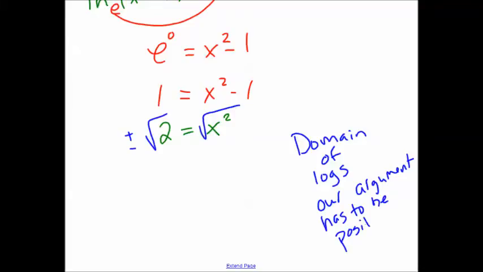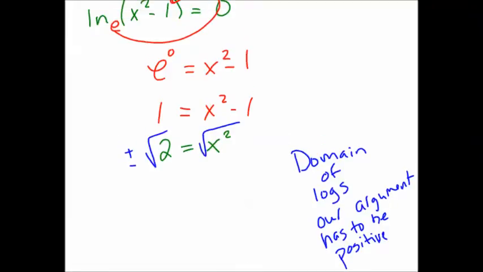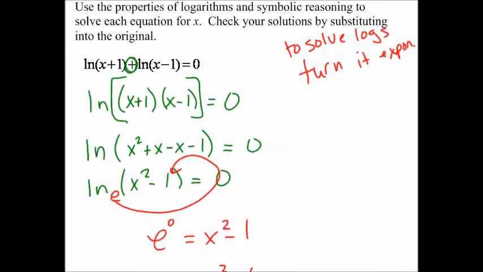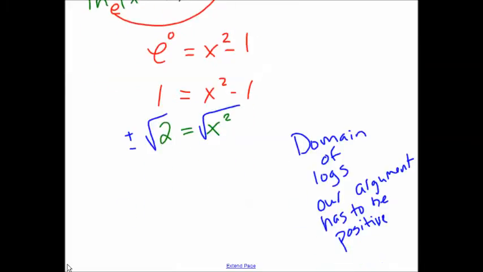So if that's the case, will both the square root of 2 and negative square root of 2 work? If I put negative square root of 2 minus 1 in here, that gives me a negative number, right? And you can't have ln of a negative number, and so therefore the negative does not work, and we are left with just the square root of 2.